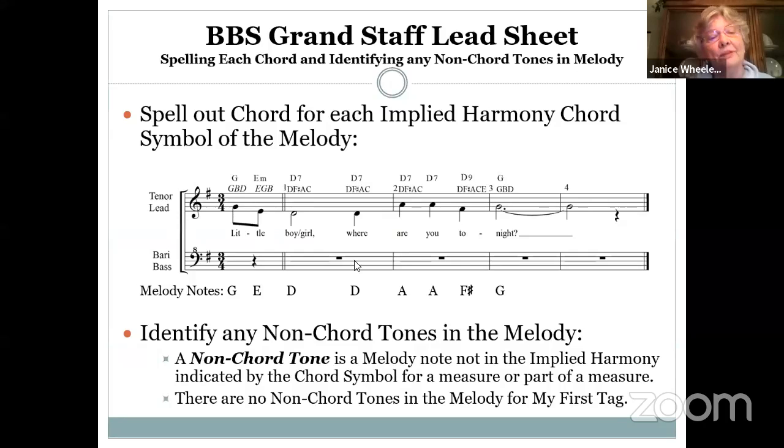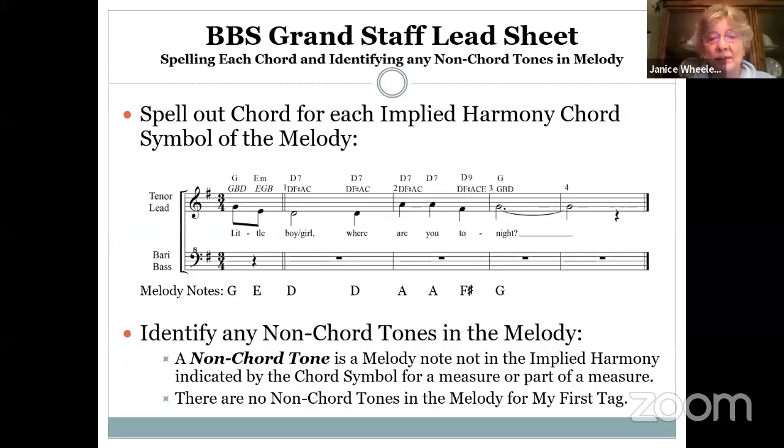The other thing I like to do is mark the melody notes down here below the staff, and those, we found a long time ago. So just in case you needed to refresh yourself on what the melody notes are. And then we compare the notes of the implied harmony chords with the notes of the melody to see if there are any melody notes that do not fall within the implied harmony chords.